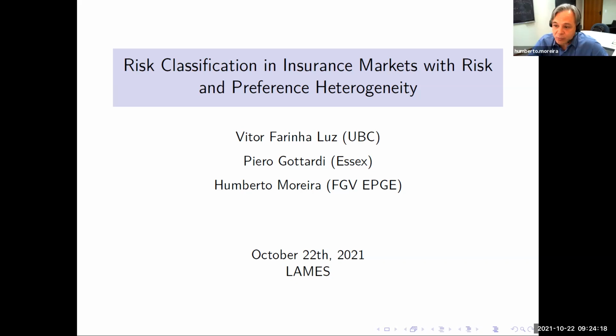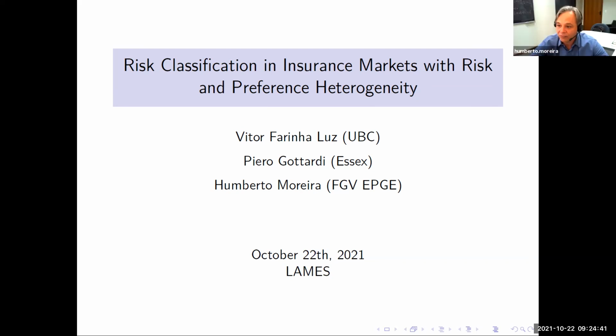So in insurance markets, risk classification consists of the use by firms of individual data in order to assess or classify individual risk, and as a consequence, to better tailor their premium offers. Intuitively, the use of more information by firms reduces information asymmetry, but on the other hand, introduces price dispersion.